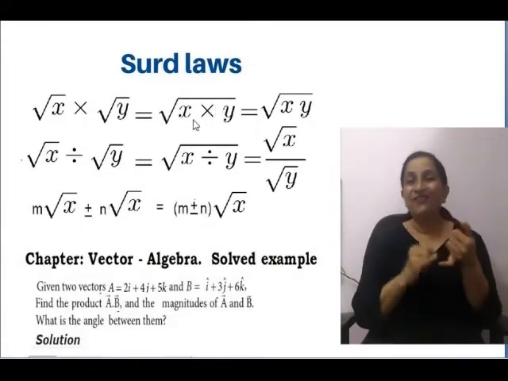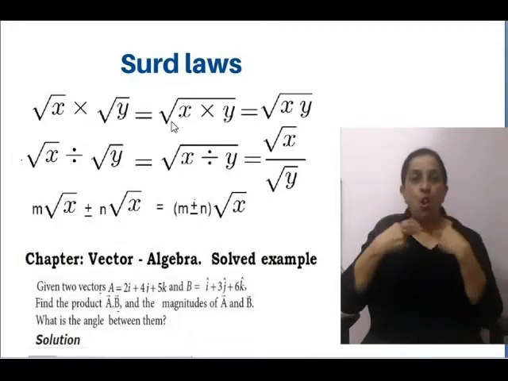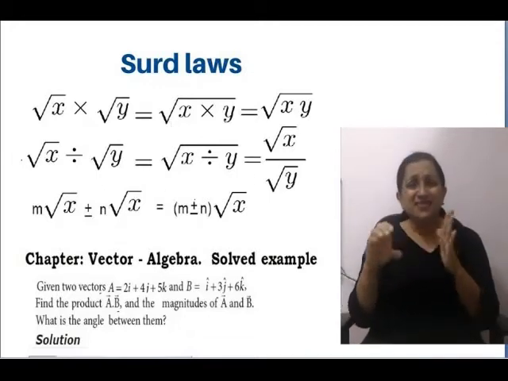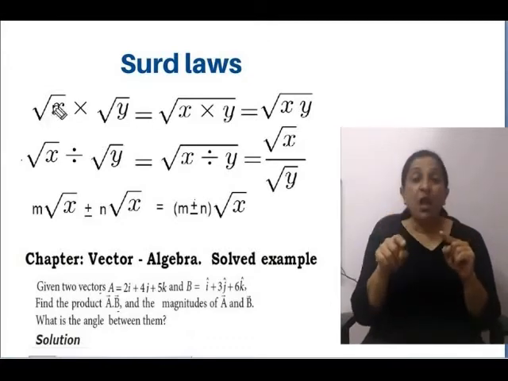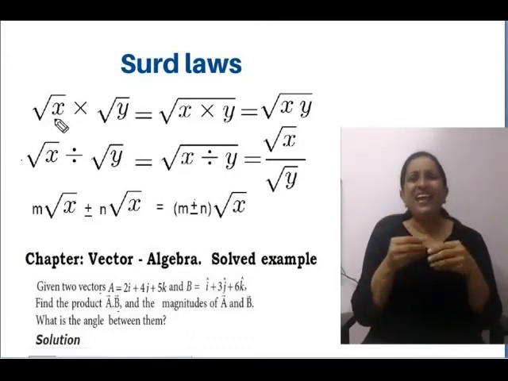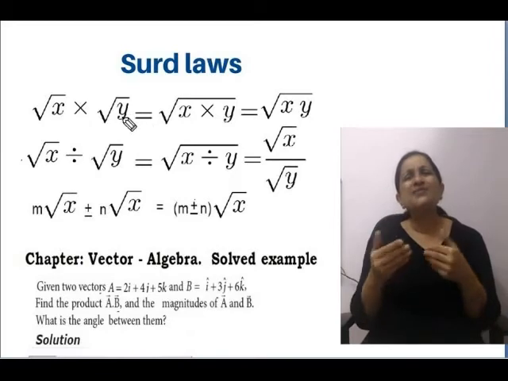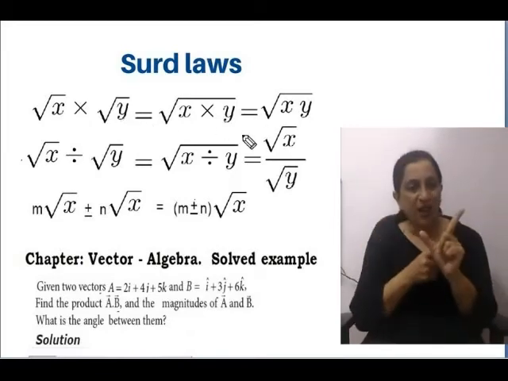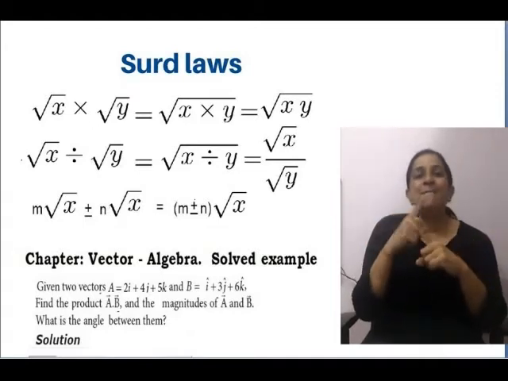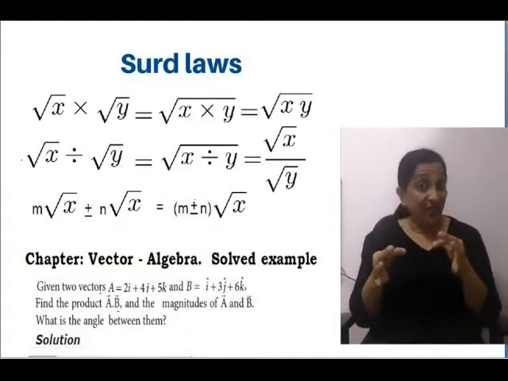Let us look at surds. Surds is the easiest chapter. In products of surds, straight away you multiply what is inside the square root sign. That is, root of x into root of y is root of xy. Division is also the same thing. If it is addition, then you can add like quantities only.